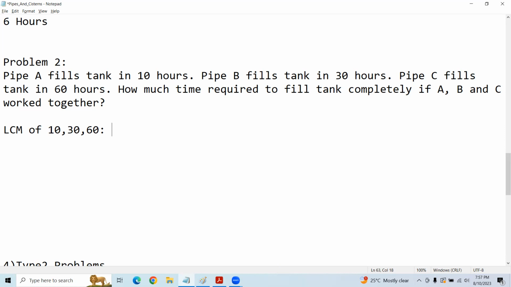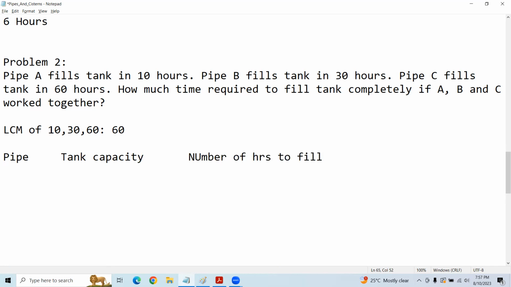What is the biggest number? 60. 60 1s are 60. Is it divisible by 10 and 30 both? Yes. So we can say that our tank capacity is 60 liters. Let's look at the table: pipe, then tank capacity, the same table we made before, number of hours to fill the tank, and then the 1 hour speed.